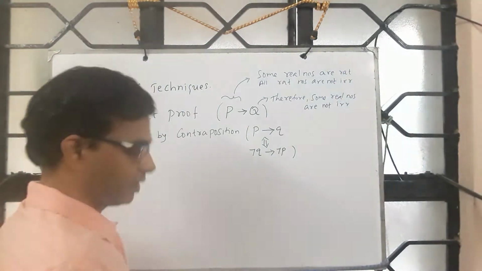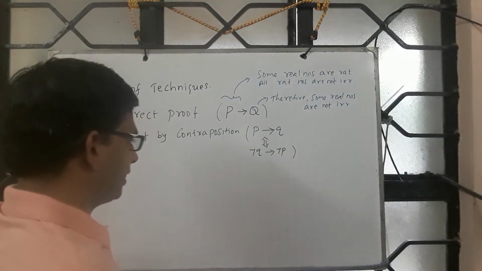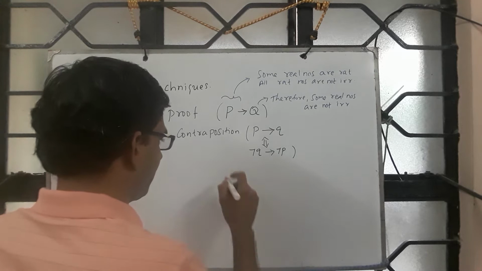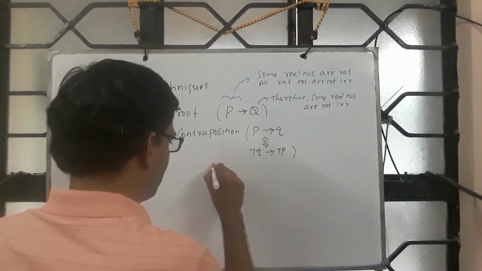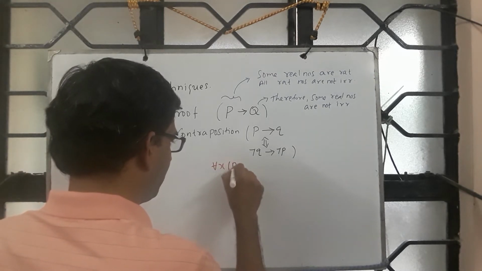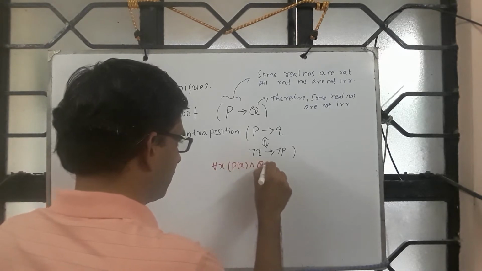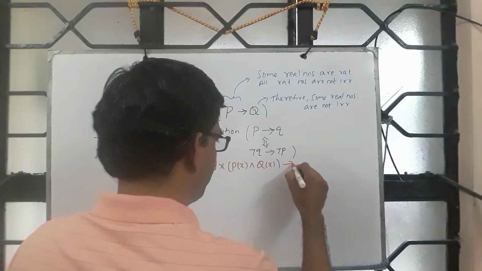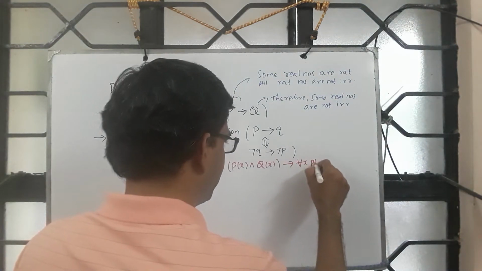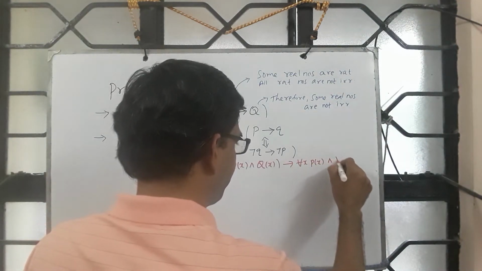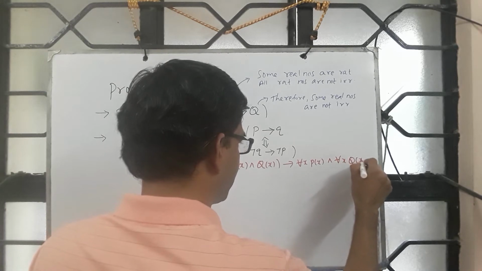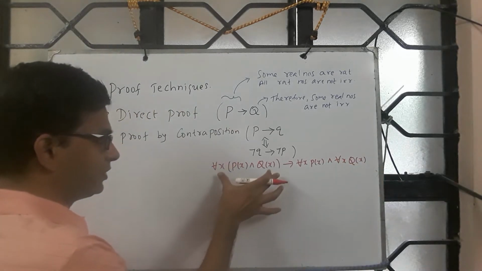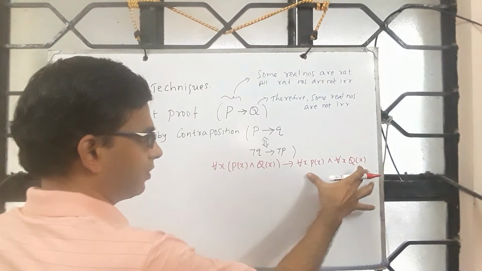So meaning, when we looked at this case study, for example, for all x, P of x and Q of x implies for all x P of x and for all x Q of x. Assuming this, one has to prove this.